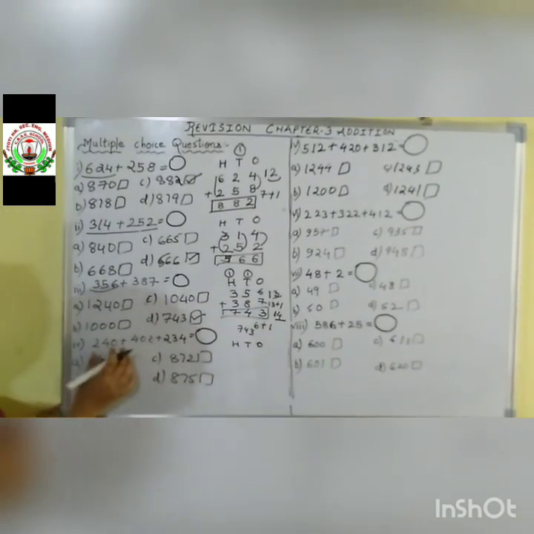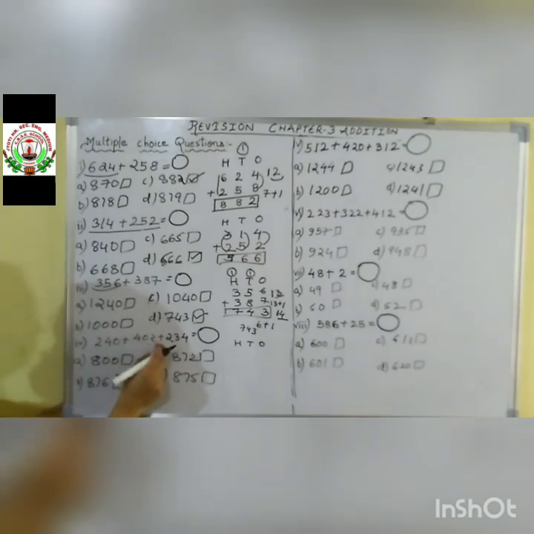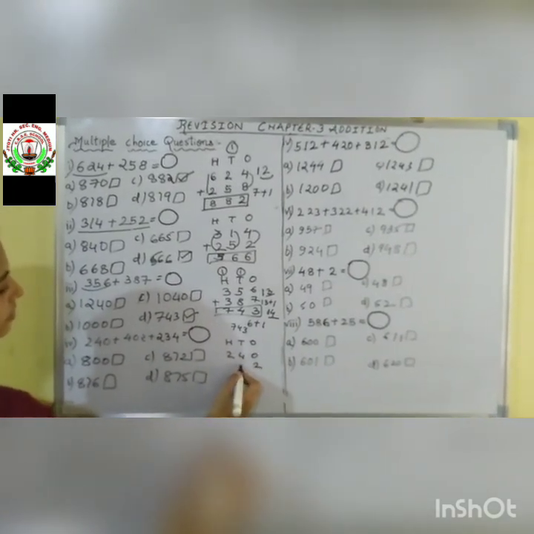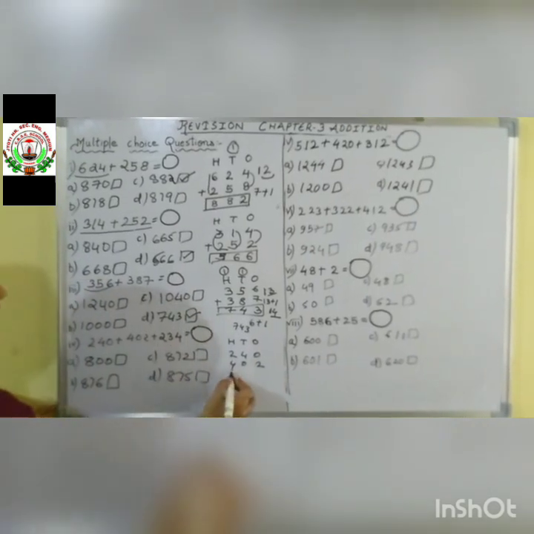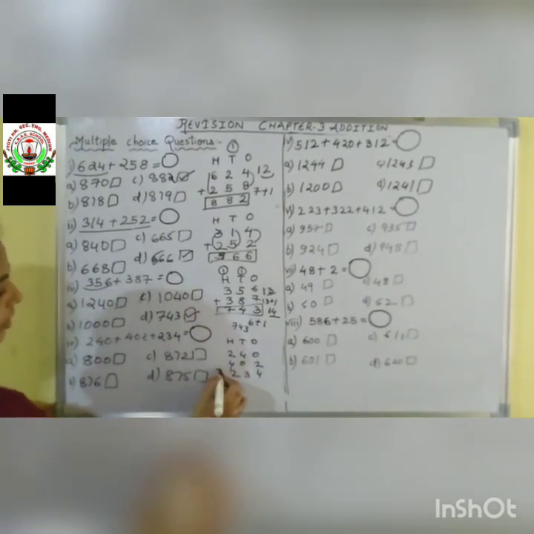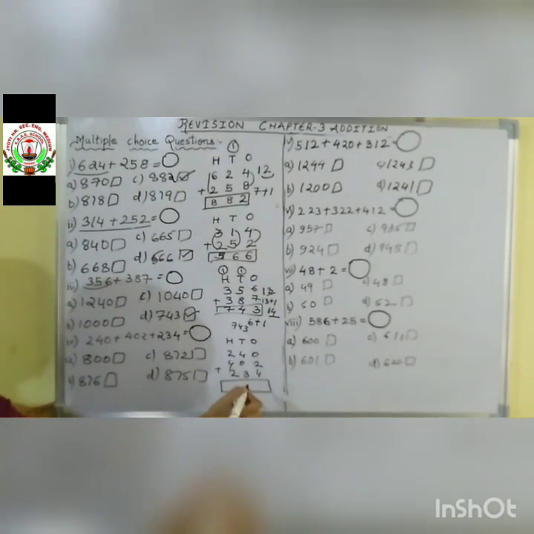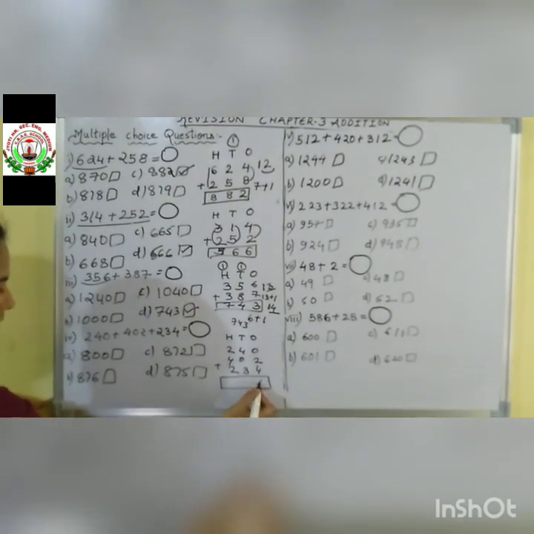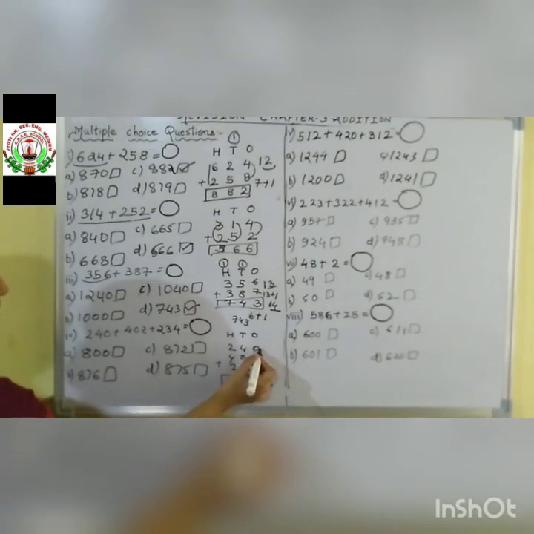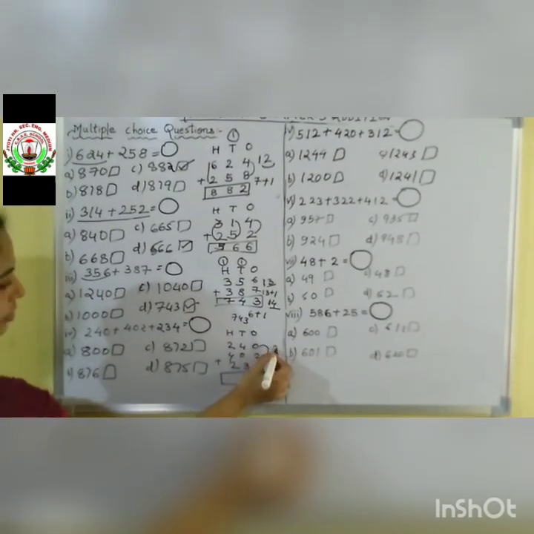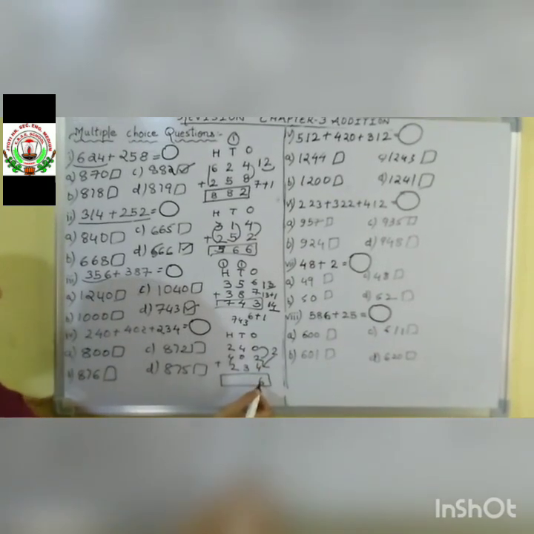Next, 240 plus 402 plus 234. Hundreds, tens, ones. See, these are 3-digit numbers and 3 numbers are there. Write down 240, then 402, then 234. Children, are you able to get it now? Okay. Start from the ones place. First do 0 plus 2, but you know 0 plus 2 will be 2. Then 2 plus 4, it will be 6.